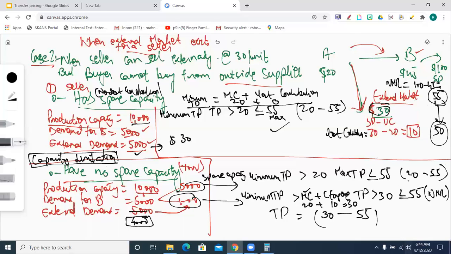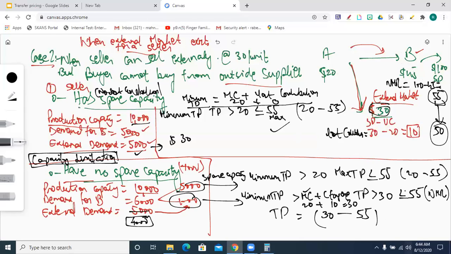So now, in order to ensure that the trading takes place within the company and B doesn't go to the outside supplier, the maximum price B is now ready to pay would be 50.